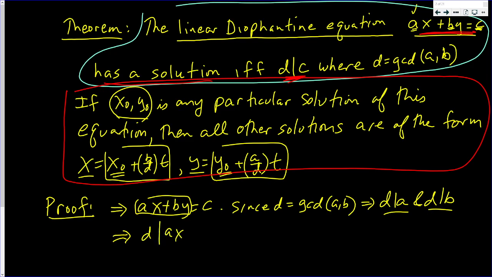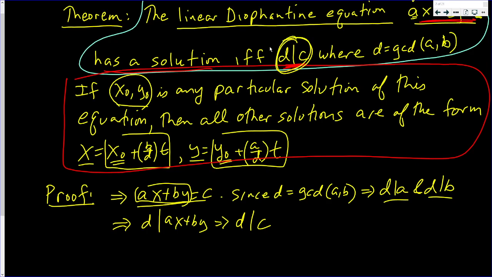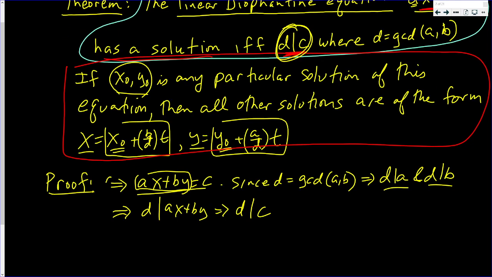Therefore, d divides ax plus by, but that means d divides c. So I started off with ax plus by equals c as the solution, and I concluded that d divides c. Now we go the other way.